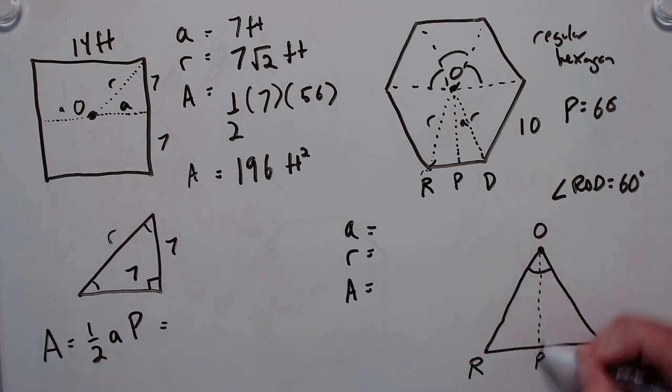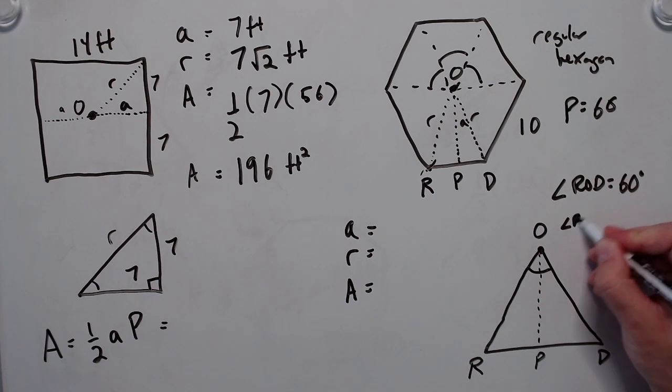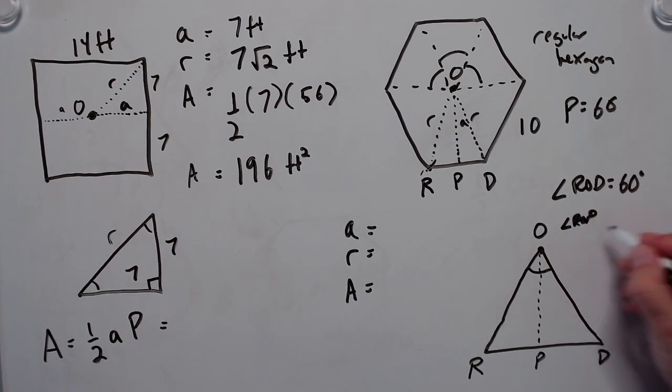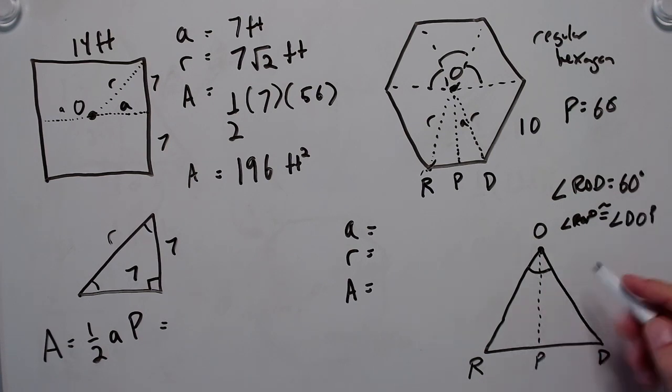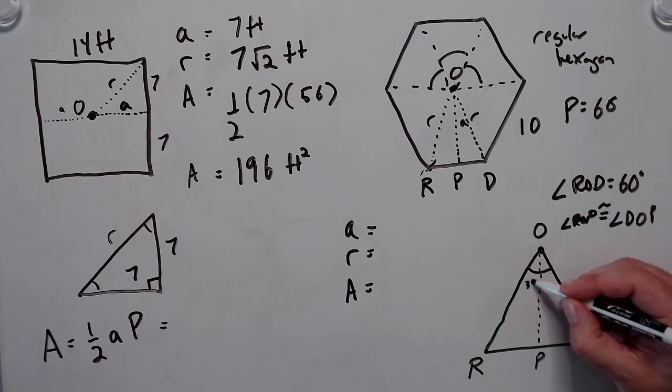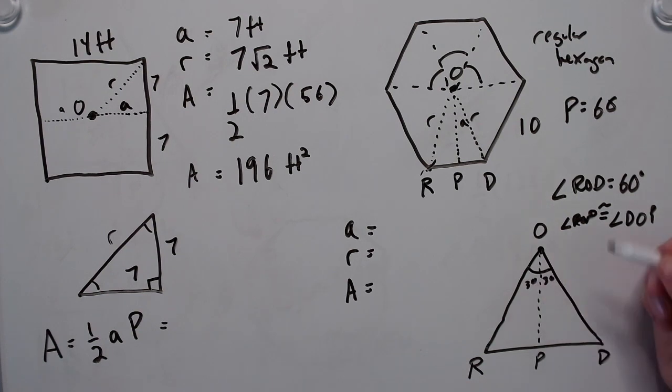So angle ROP will be congruent to angle DOP. So we're taking this 60 degree angle and cutting it in half. So this is going to be 30 and this will be 30.